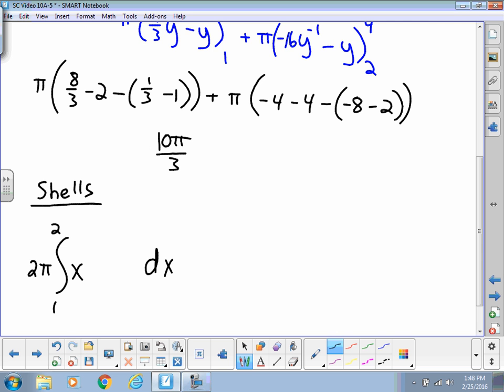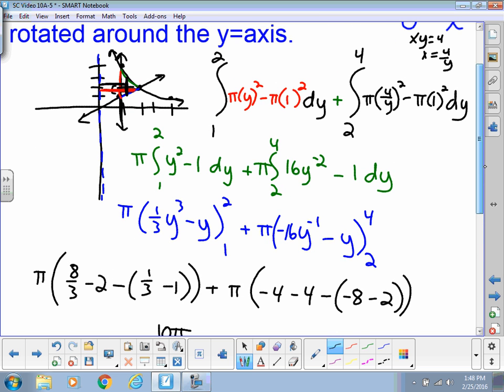And then we've got to multiply by the height of each slice. Well, the height of each slice is this with that chopped off. So what it is, it's our outer y, so I'm going to call it yo, minus our inner y, so I'm going to call it yi. Well, our outer y was our curved function, which was 4 over x, and we're doing it in terms of x, that's why we put it in there, and our inner y was x.